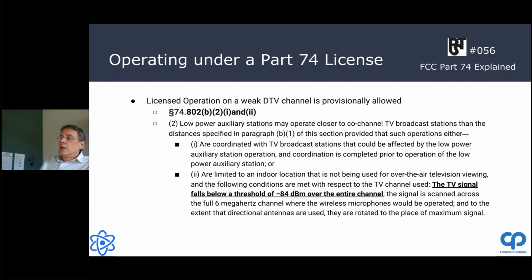But operating a production level wireless device in a TV channel that's very weak, being able to do that legally now is a tremendous advantage. So that's how you can now legally operate within the service contour of an active DTV station, which Part 15 users cannot do.